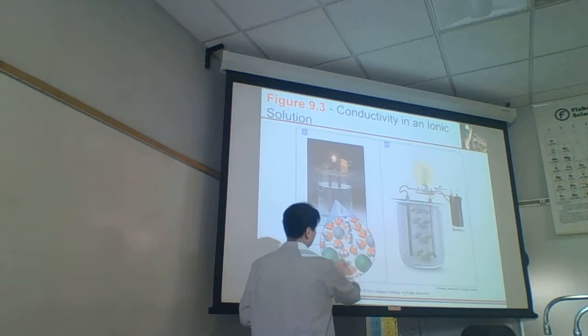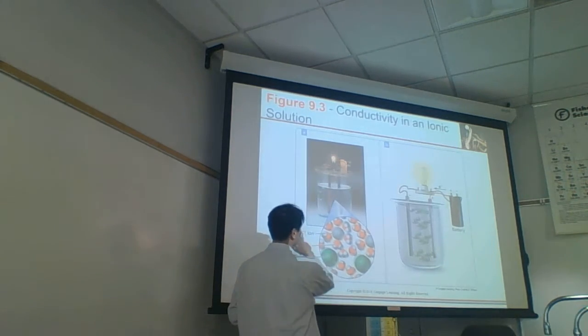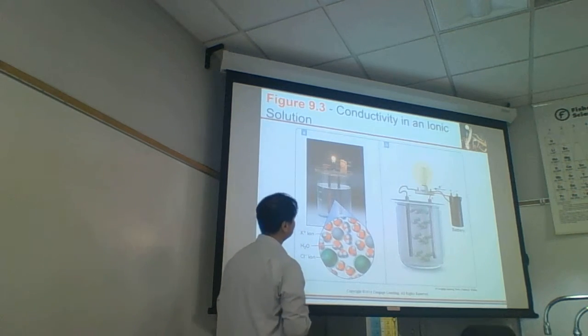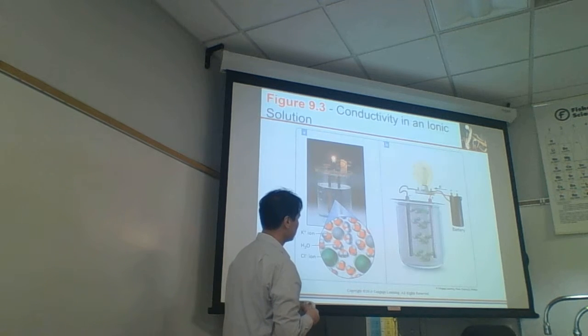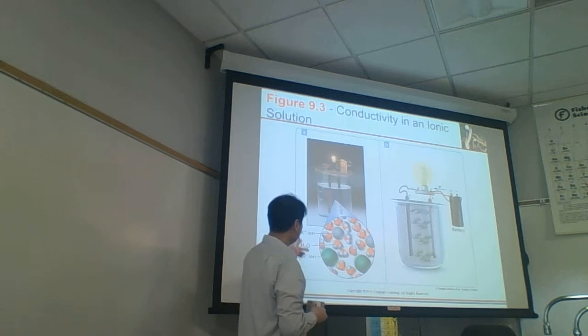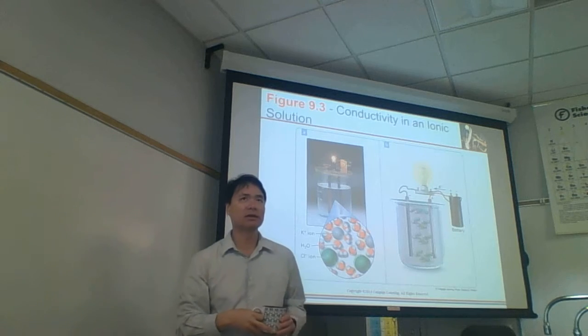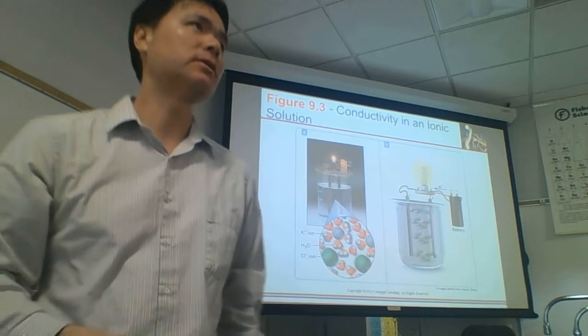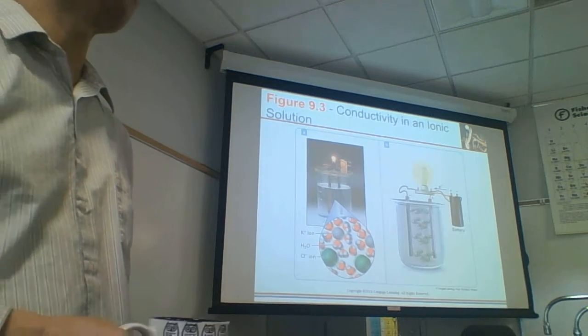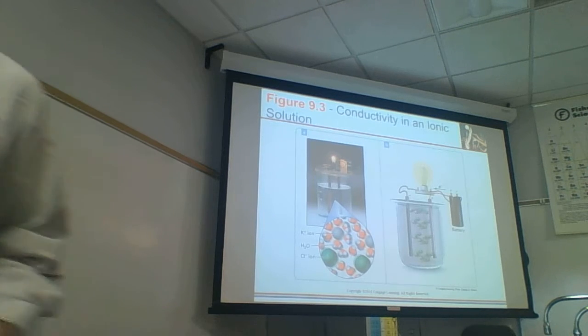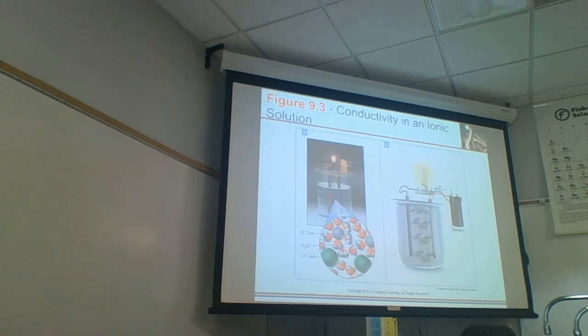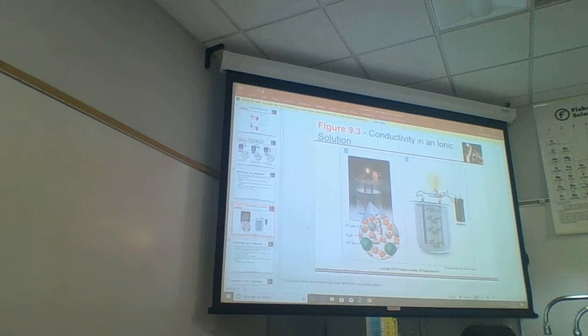Well, we got these ions. So for example, this is potassium chloride. Potassium chloride is a strong electrolyte because when potassium chloride is dissolved in water, what happens is potassium chloride is an ionic compound. The lattice breaks apart. What does the lattice look like? Let's take a look.